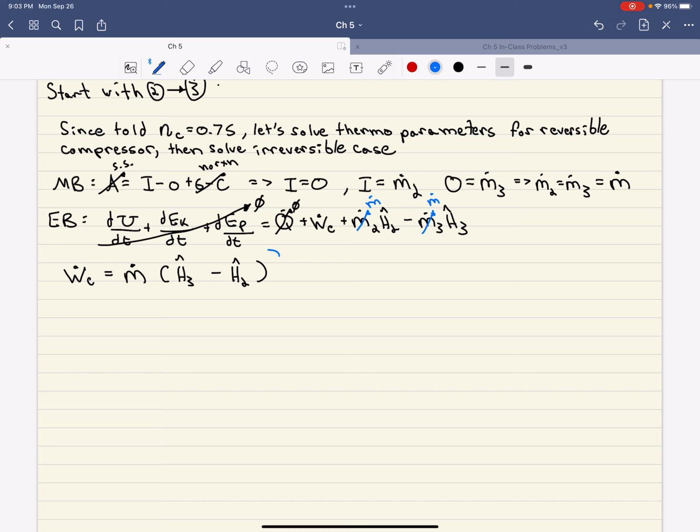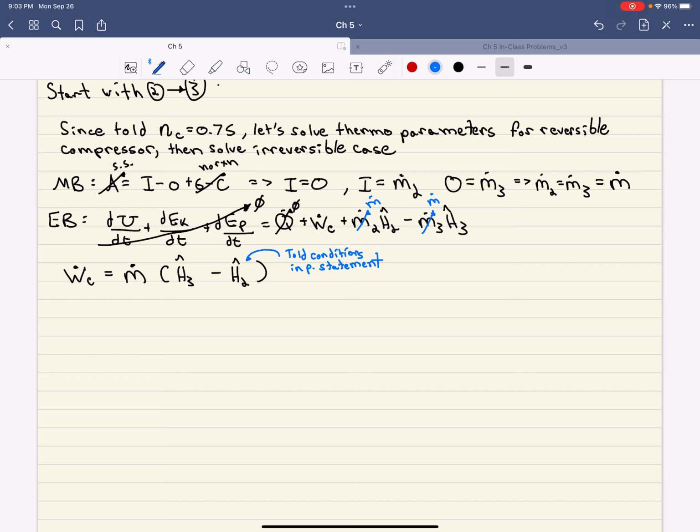For stream 2, we're told both the temperature of it and the fact that it's a saturated vapor. Okay? And so we have two pieces of thermodynamic information.